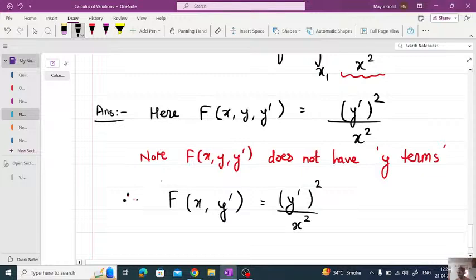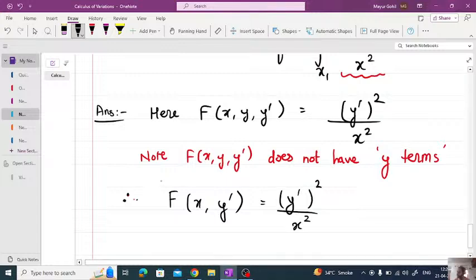You can start like this also, but now when the term does not contain y, we are supposed to use the format which we had written up.